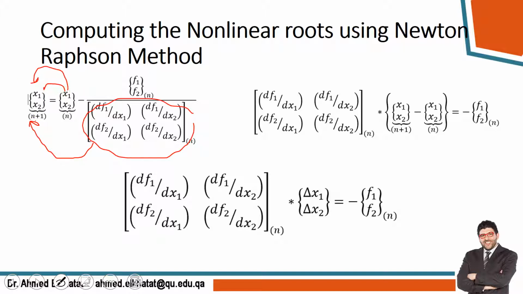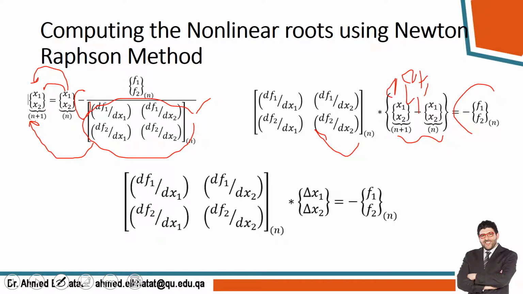This will come with a minus, then it is multiplied by this matrix, which is moved here so it multiplies instead of dividing, and the f1 and f2 keep a minus. This is delta x, delta x1 and delta x2.